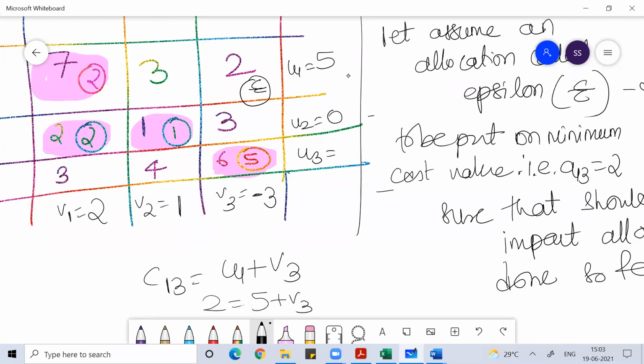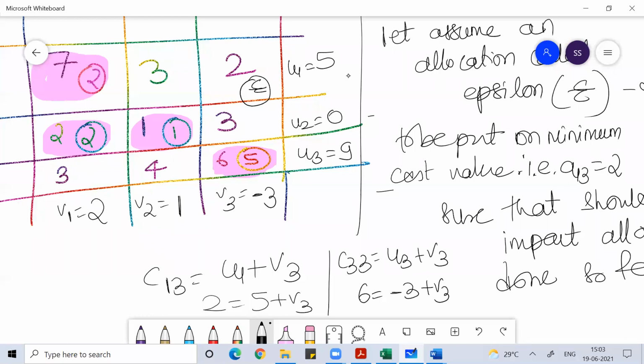Once I get V3 value equal to -3, I can find the U3 value. How will I find the U3 value? So C33 is U3 plus V3. C33 is 6, V3 is -3, so the U3 value I'll find will be equal to 9. Clear, everyone?